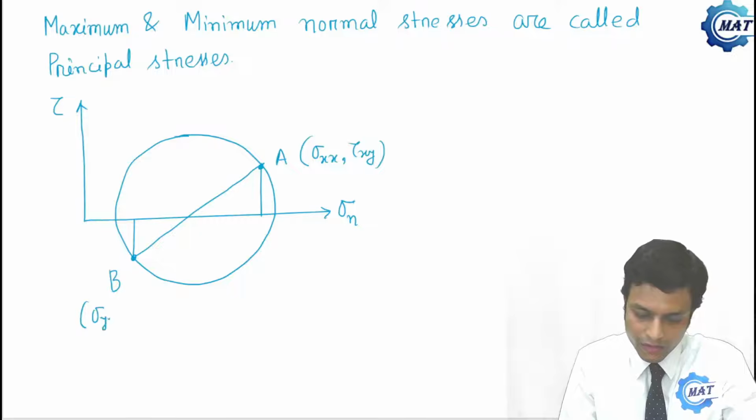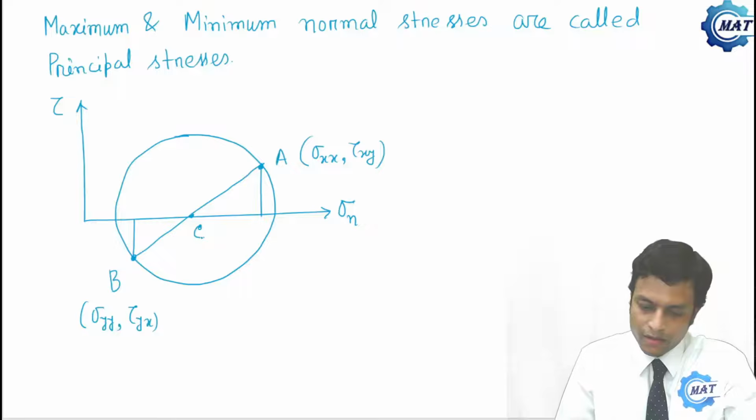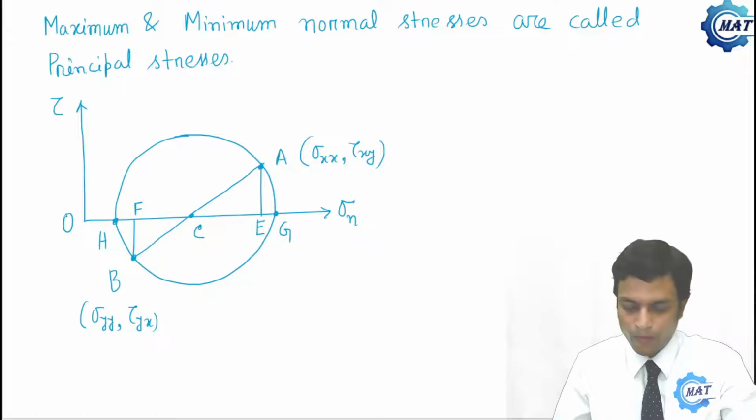B is sigma yy comma tau yx. This point is C. Now this is E, this is F, this point is G, this is H, and this is O.